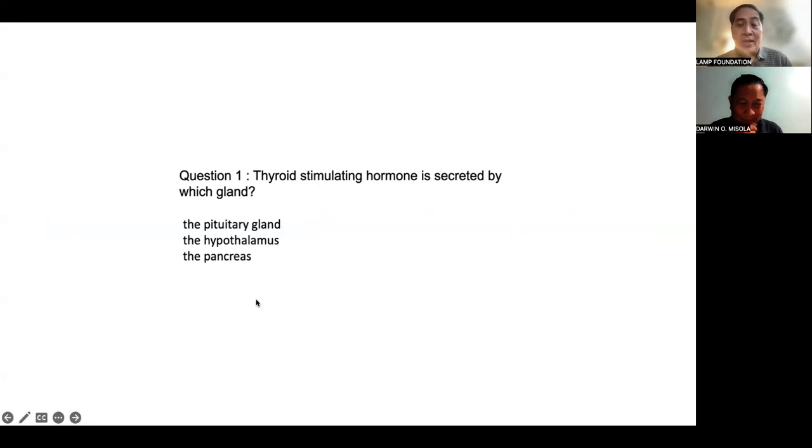In fact, a very good endocrinologist, lalo na pag merong thyroid mass, neck mass, para mas tipid, kunin mo lang yung TSH muna. Hindi yung thyroid panel kaagad kasi magastos. Do you follow? Especially when you want to monitor your progress. So if the TSH is mataas, ibig sabihin, mababa yung thyroid hormone mo.